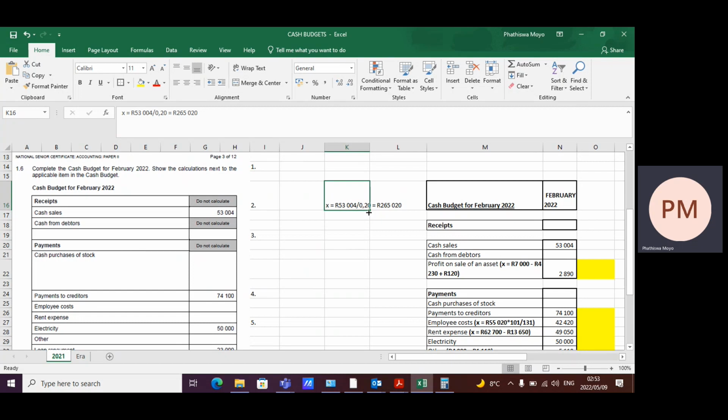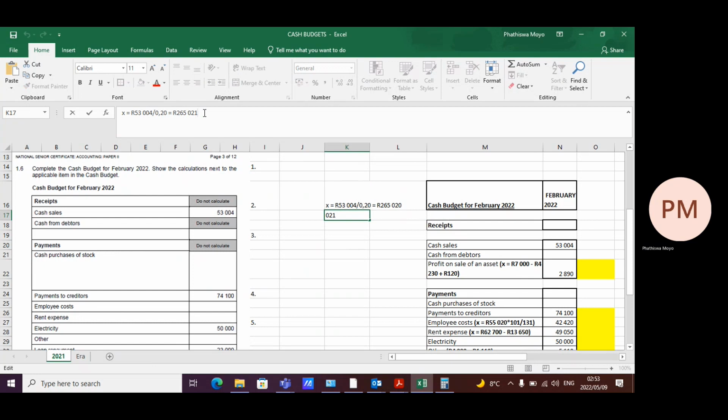Now these sales that we got, we need to make them cost of sales.